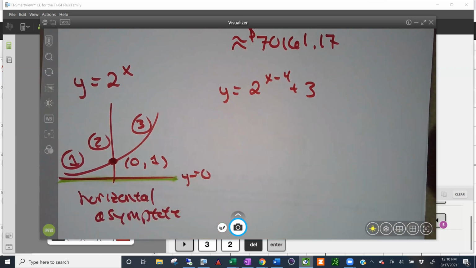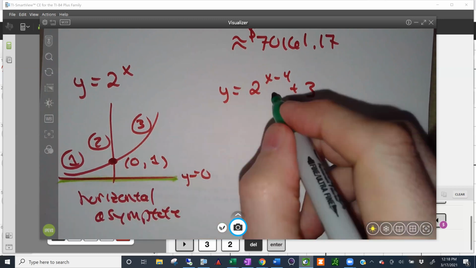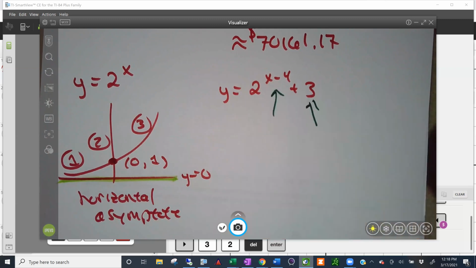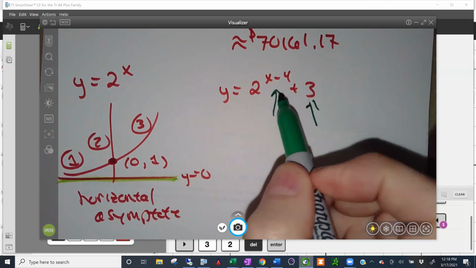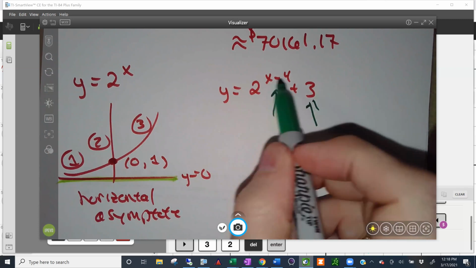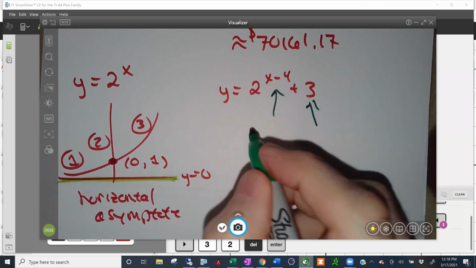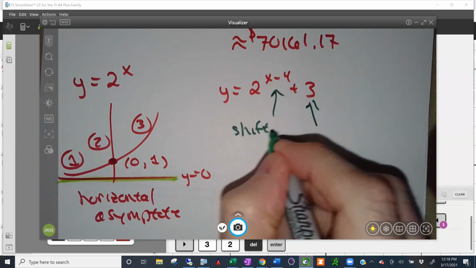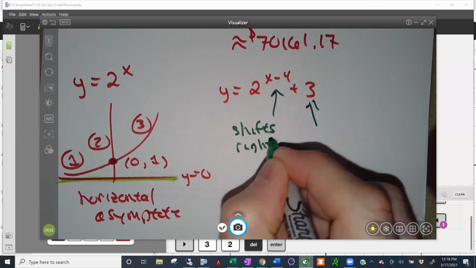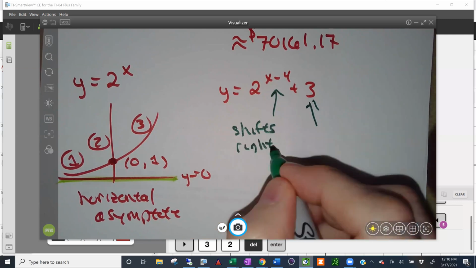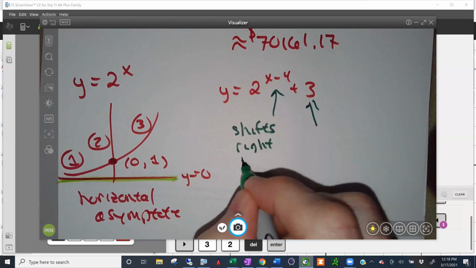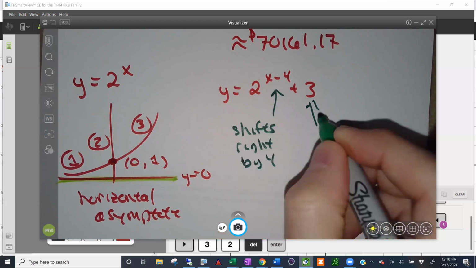So there's really two components, this one and this one. How is this one going to be shifted? What's this x minus 4 going to do? Go to the right 4. Excellent. Shift to the right by 4. And then how about this one?